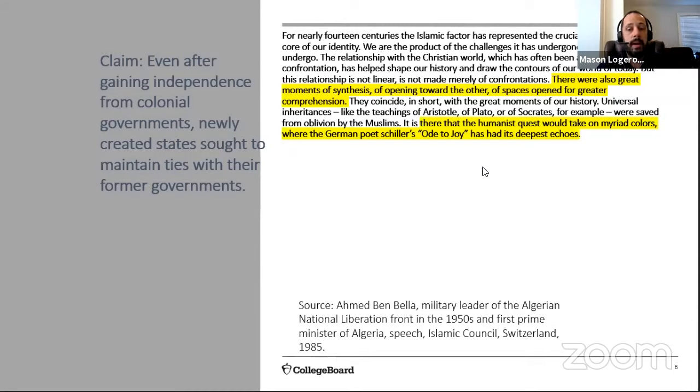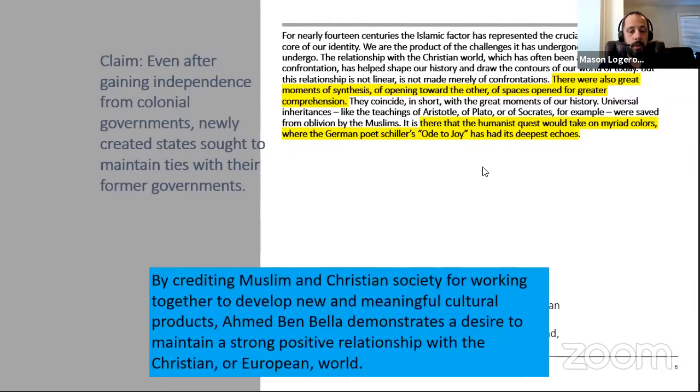And notice here in this document, and Smith highlighted it for y'all already, he talks about synthesis. He talks about synthesizing the Islamic world of North Africa and the Christian world of Europe and bringing them together to show that same connection that was still there even after decolonization.